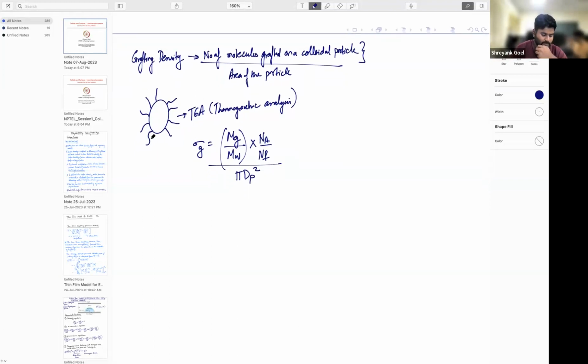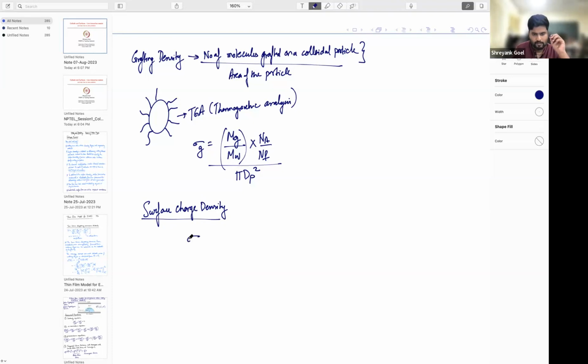Then we have the surface charge density. I think we discussed one numerical on this in the last class. Surface charge density is the charge induced on a colloidal particle.